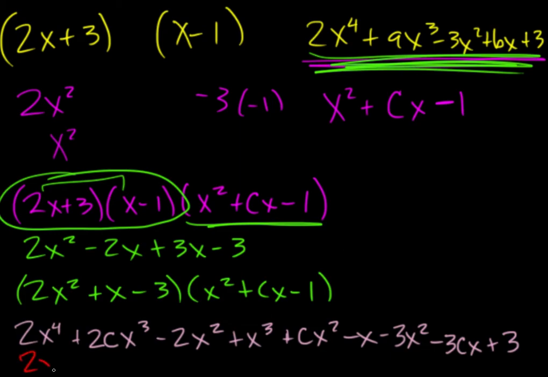And then 2x to the 4th. We have two terms with x cubed, so it's going to be (2c plus 1)x cubed. And then plus, let's see, negative 2, negative 3 will make negative 5, and then we also have the c, so (c minus 5)x squared.